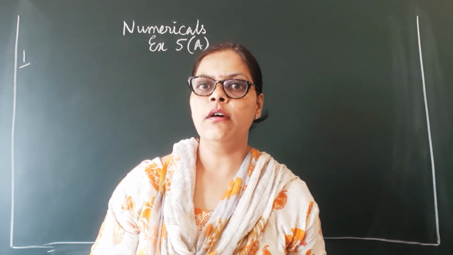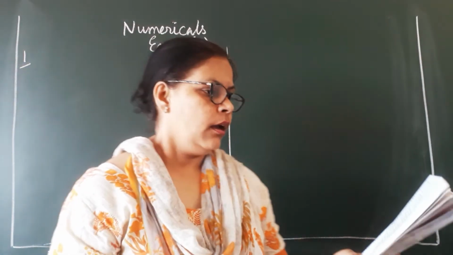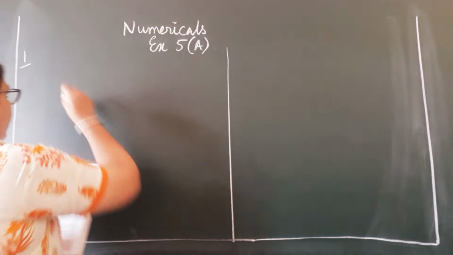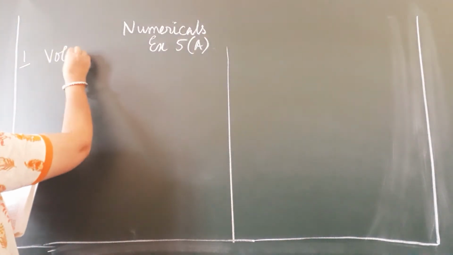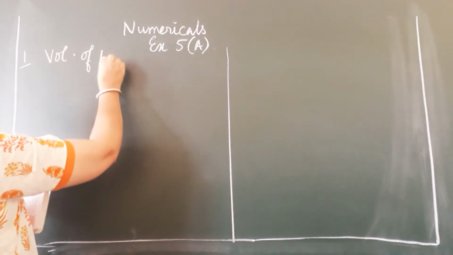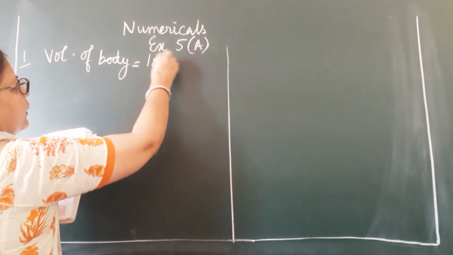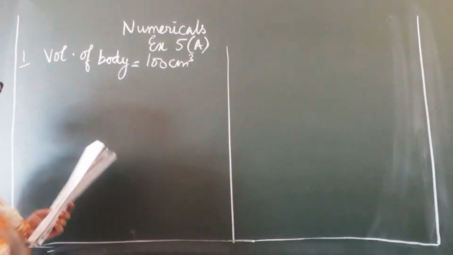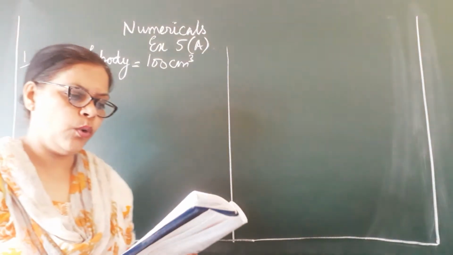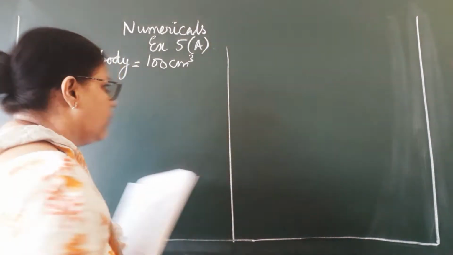I read out the first numerical for you. A body of volume. Now what's the volume of the body? Volume of the body is given to be 100 cubic centimeters. It weighs 5 kgf in air.